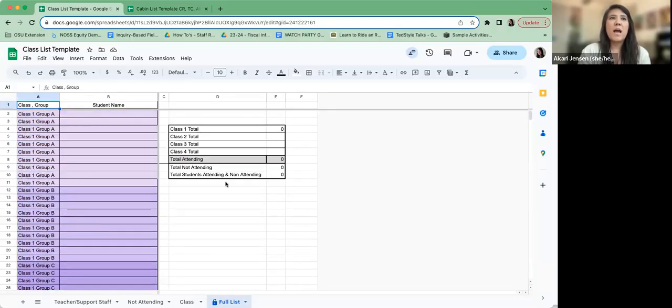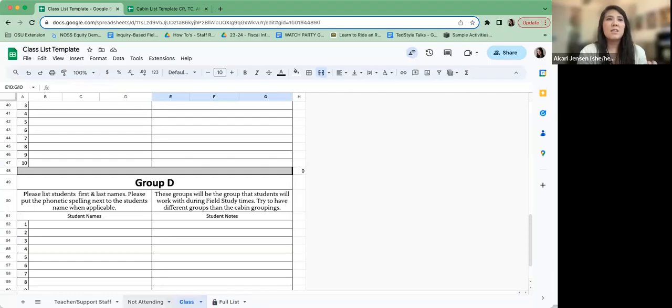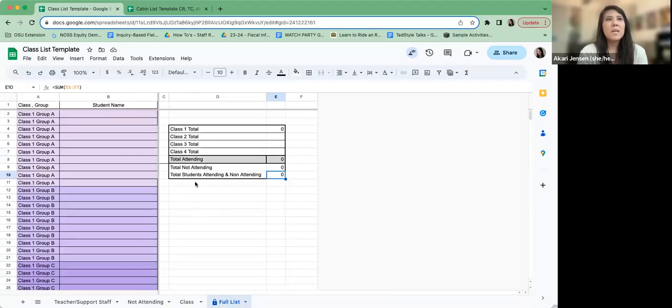And so then what will happen over here, you'll have a nice total where you can see the total number of students per class, as well as the total number of students attending, not attending, and that should help you keep track of whether you have everyone accounted for somewhere on this spreadsheet. But again, this list is locked, and that's because you don't need to touch it at all. It should auto-populate from the things that you are typing on these 2 tabs here.